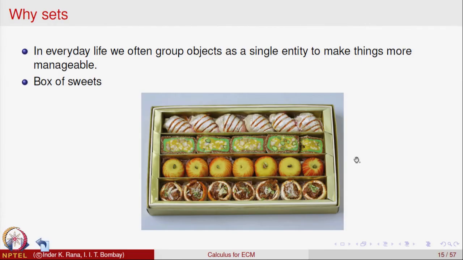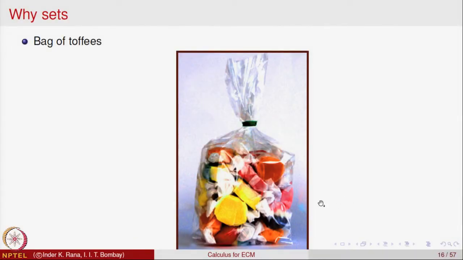Next, let us look at something similar, a bag of toffees. The toffees of different types are packed in a bag. So, the bag has a collection of objects, namely toffees, and they have a common attribute. They may or may not have a common attribute in general, but here they do.